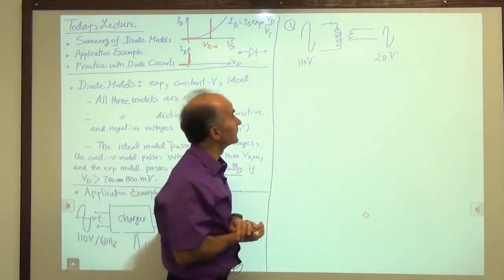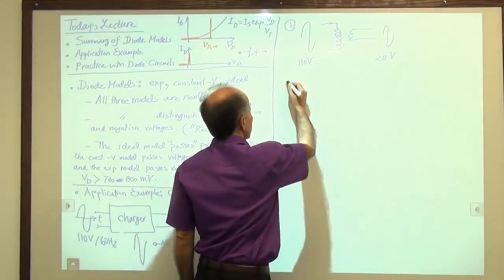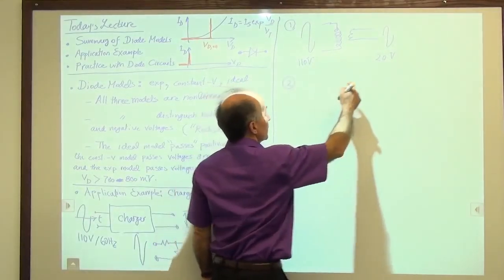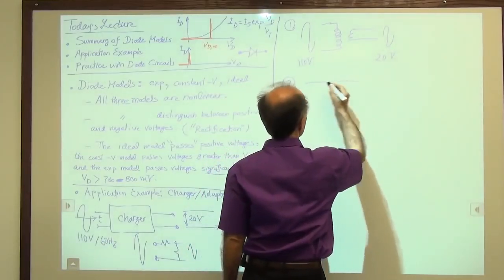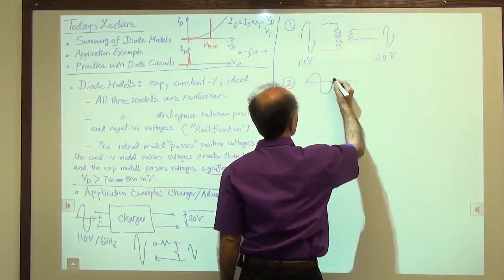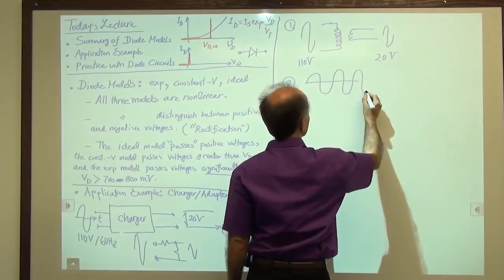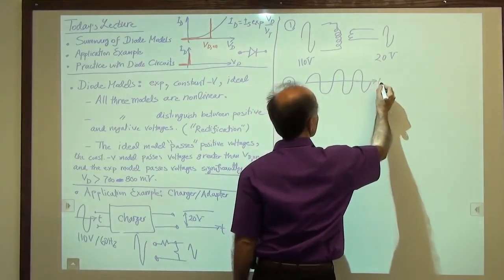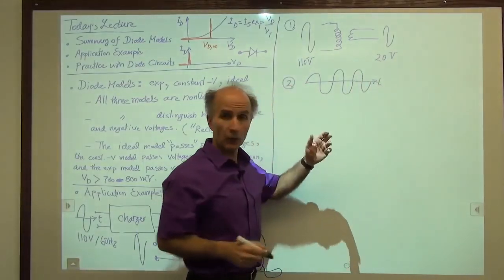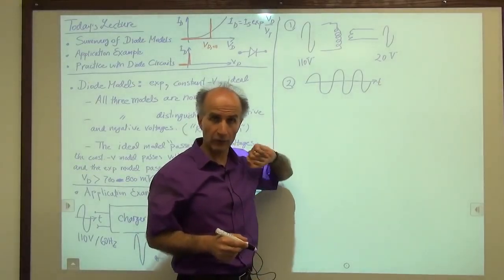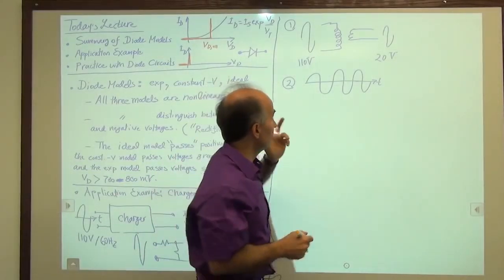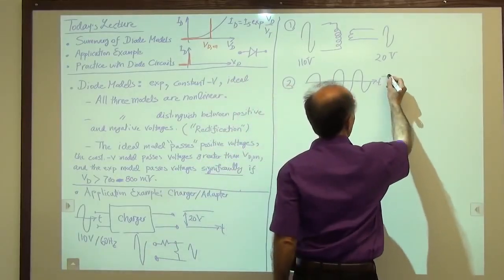Okay, well, in the next step, this is what we do. We take this waveform. Let me draw some more cycles of it. So 20 volts and 60 hertz or 50 hertz, depending on which country you are in. And we give it to something, some black box.